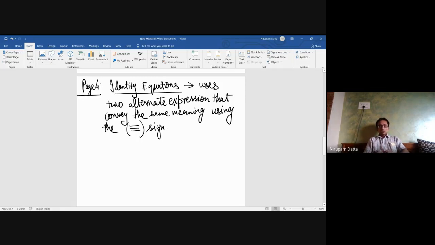Okay. So let us think about profit. Profit, we denote by this symbol pi.